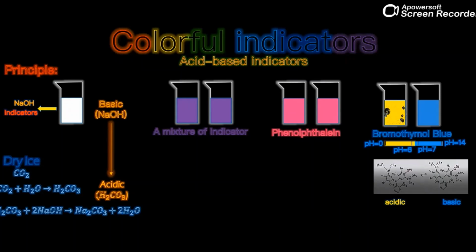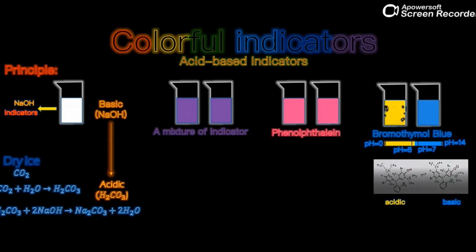The chemical bonds in the molecule absorb visible spectra other than blue, so the blue is reflected back to our eyes. But if the compound binds to a hydrogen ion, the molecule will change color. Now, it starts to absorb blue and reflects yellow.